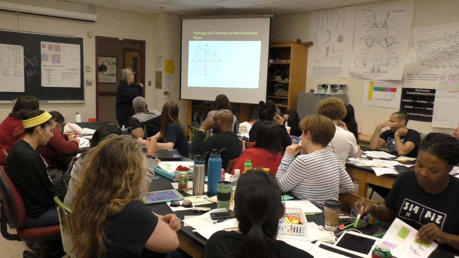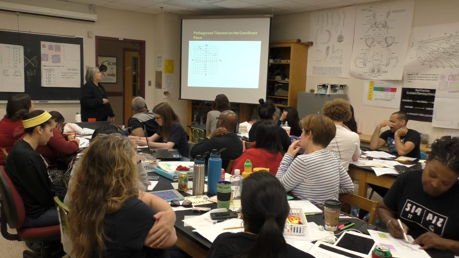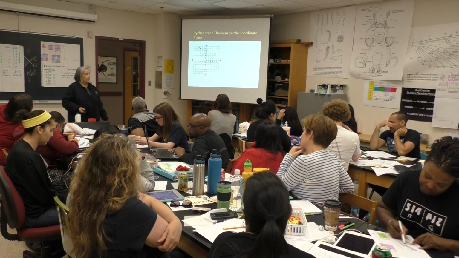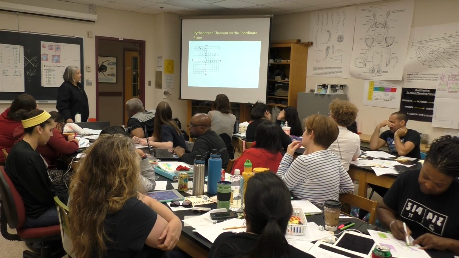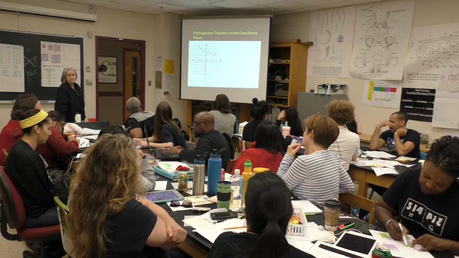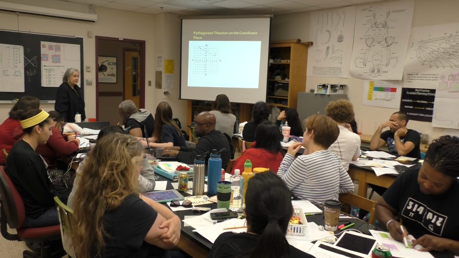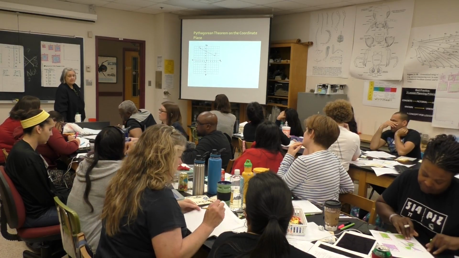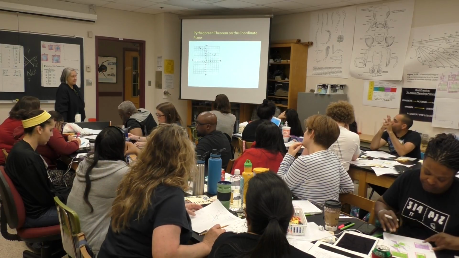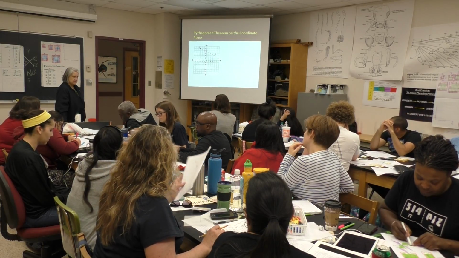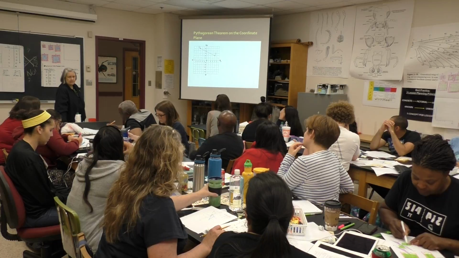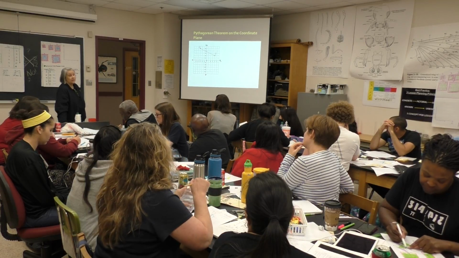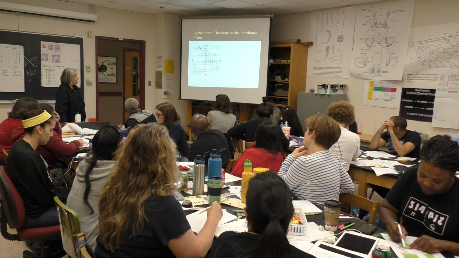Okay. So here's an example of the Pythagorean theorem on the coordinate plane. We want to find the length of segment JT. Another way to say that is we want to find the distance from J to T. So the length and the distance are the same.